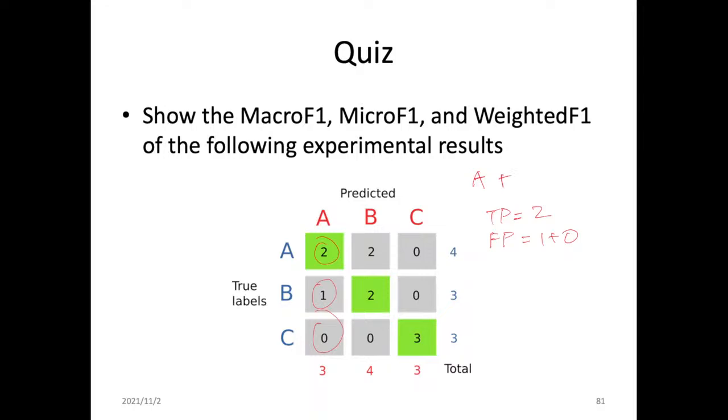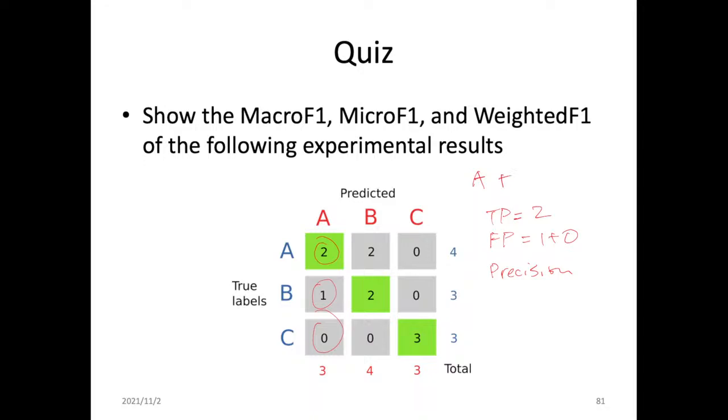Based on these numbers, you could compute precision.